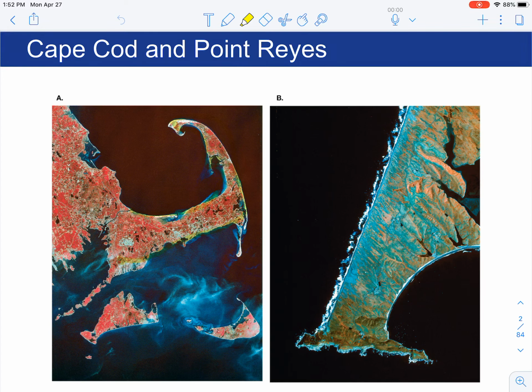Those shapes are really the result of a dynamic interplay between wave action and the local geology. The waves come in, they have a lot of energy, they're able to break away at the rock and sediment and not only erode it but also deposit it to create these crazy cool different landforms.